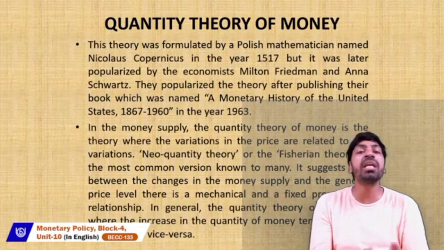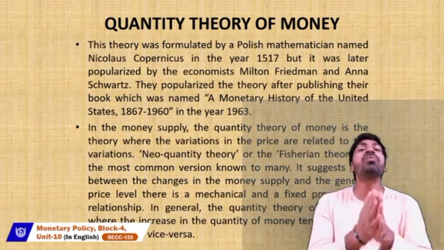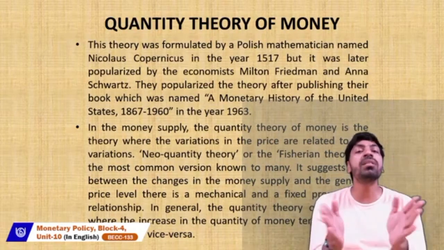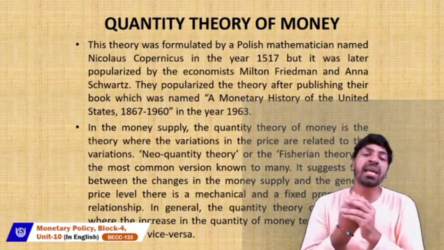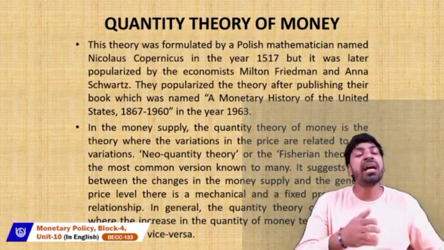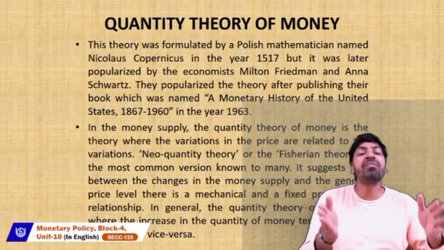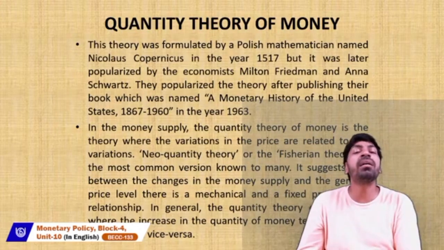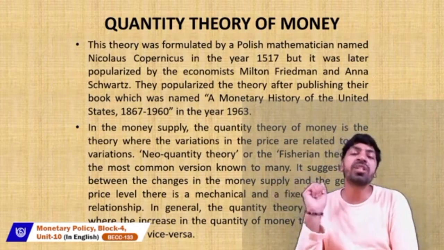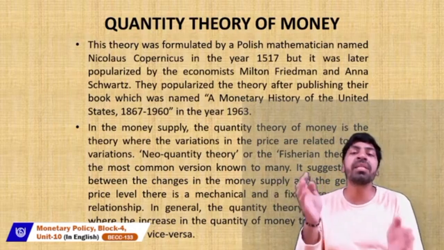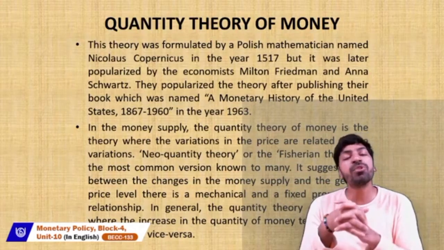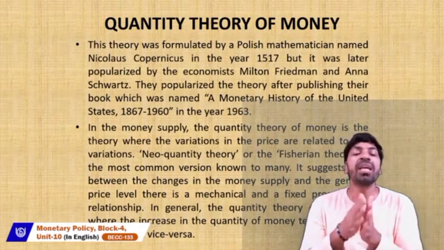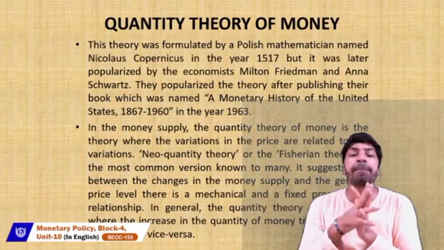So this theory is mainly related to the variation in the money supply and price level. In other words, if there is a change in the money supply, it is just due to the changes in the price level. That means there is a fractional and proportional relationship between these two terms.